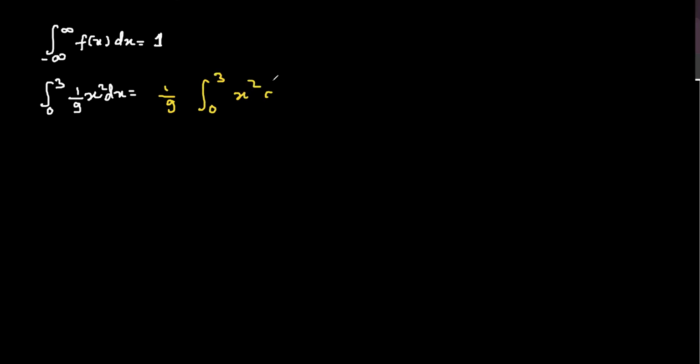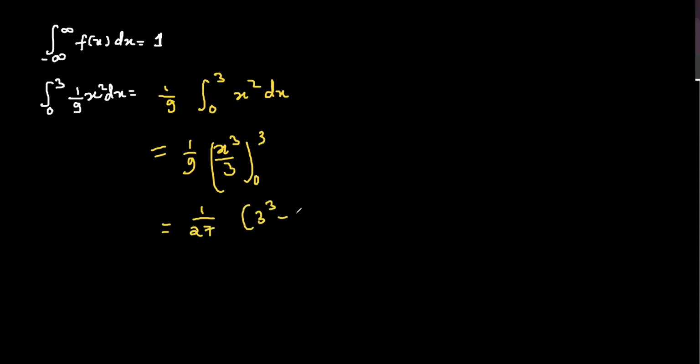The integral of x squared is x to the power 3 over 3 from 0 to 3, times 1 over 9, which is 1 over 27 times 3 cubed, 27. You are getting 1.